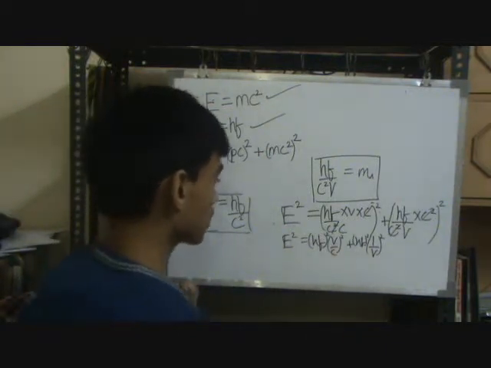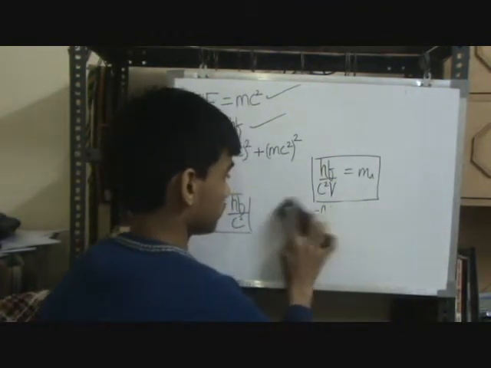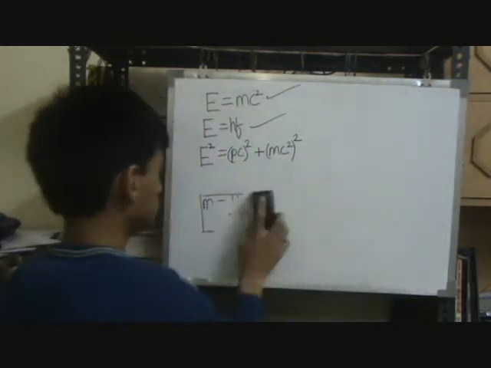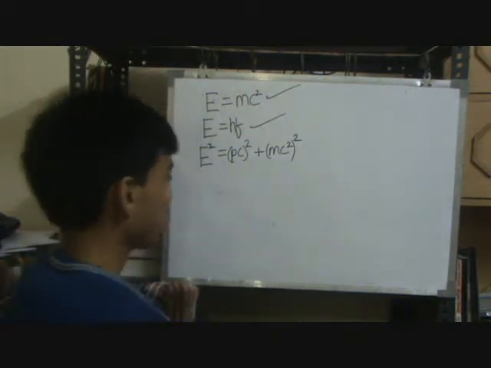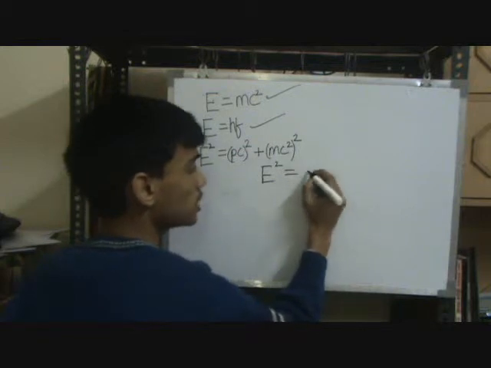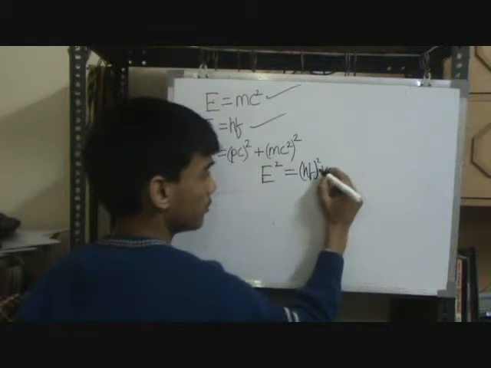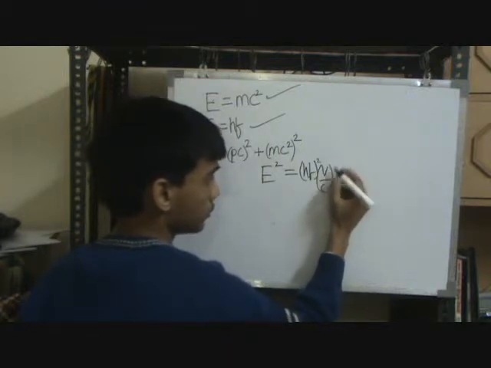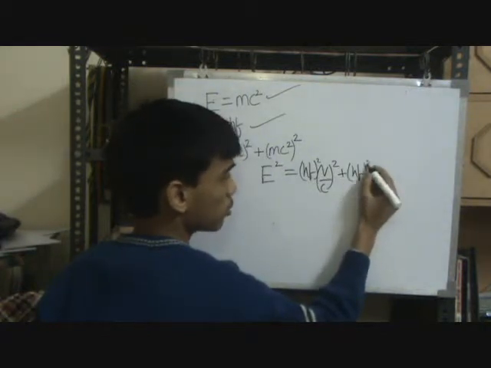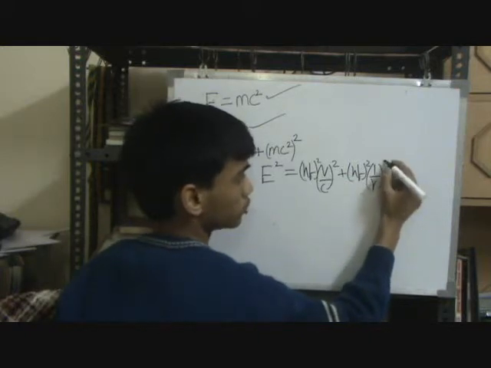Now we don't need these. Our last relation that we got was E square is equal to (hf) whole square into (v by c) whole square plus (hf) whole square into (1 by Lorentz factor) whole square.